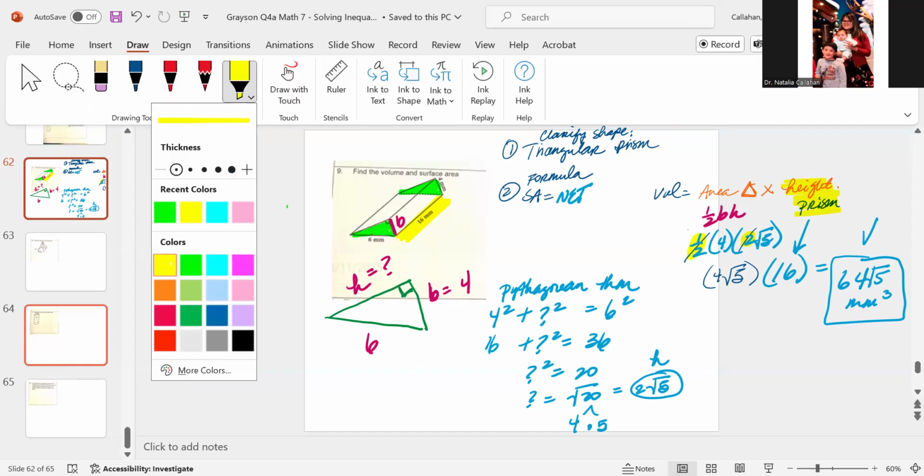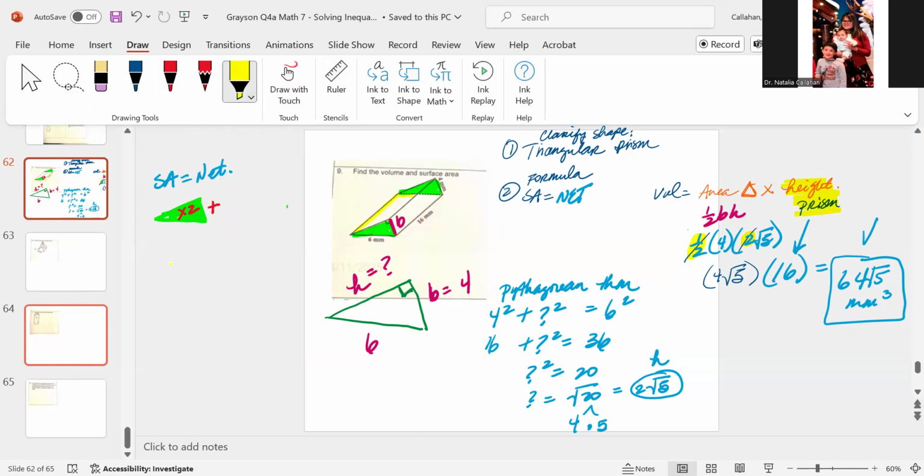do you see this flat rectangle right here? Do you see the yellow flat rectangle? There's only one of those, right? And it's a parallelogram, but it's really a rectangle. It just looks like a parallelogram. What is the length and the width of that?